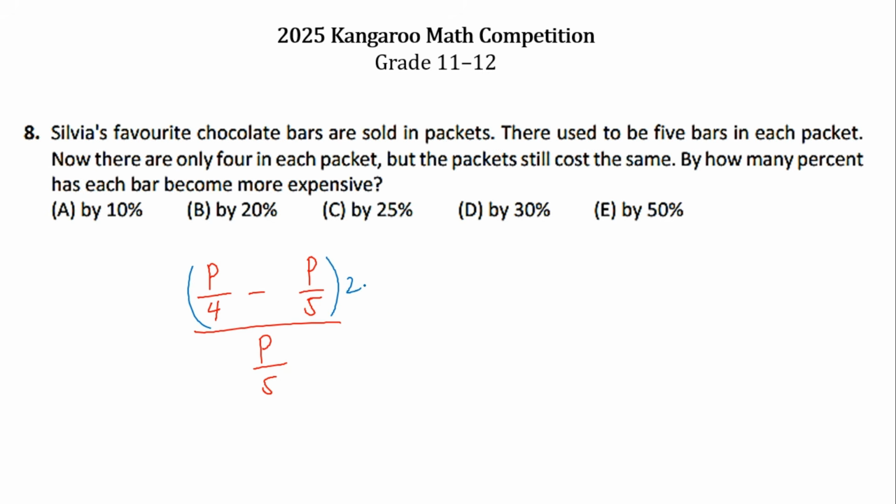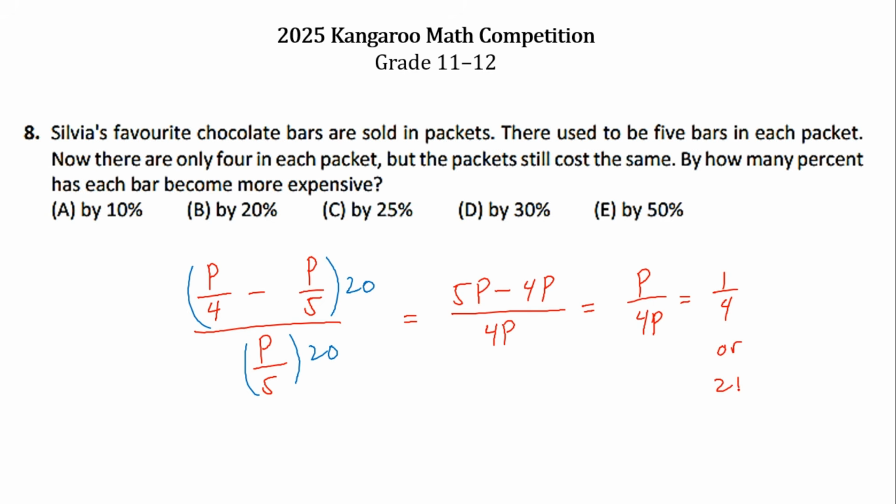So I'm going to multiply this one by 20 and this one by 20 as well. So we have 5P minus 4P over 4P. So we have P over 4P, which is equal to 1/4 or 25%. So the answer is letter C.